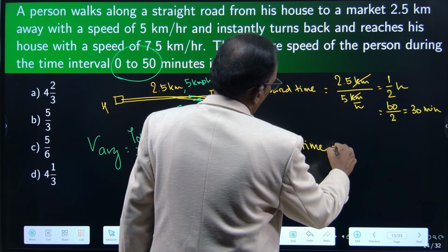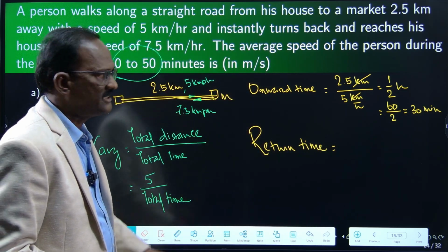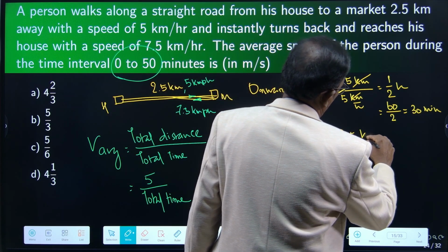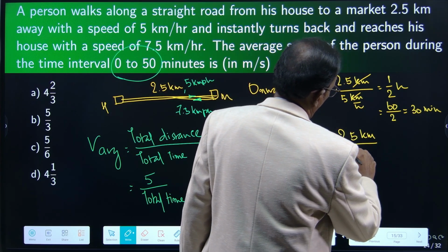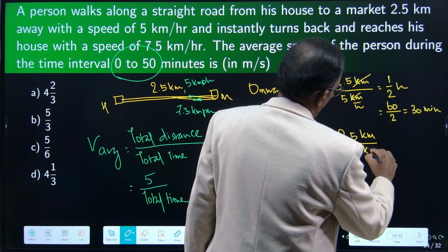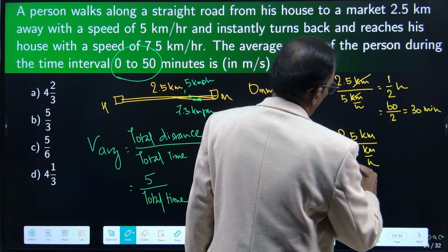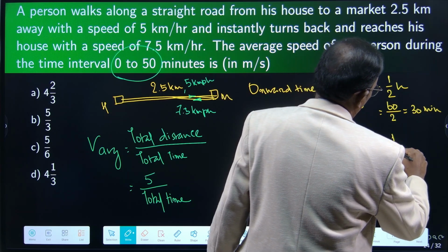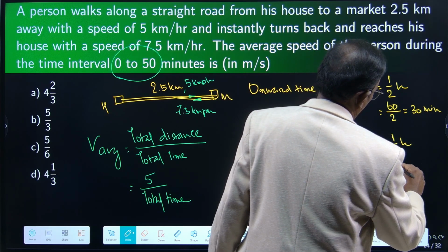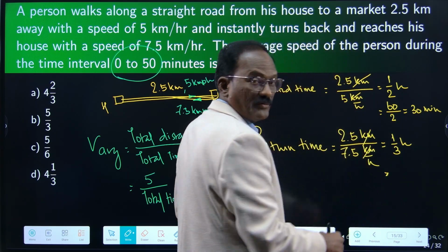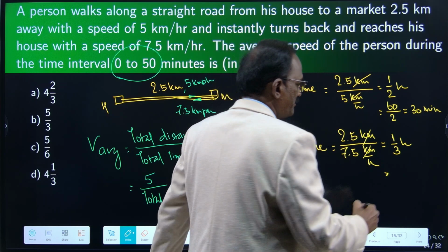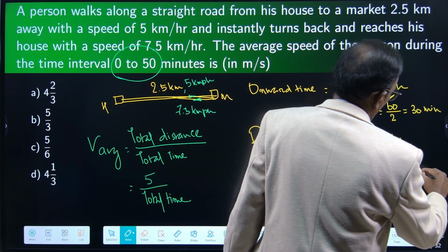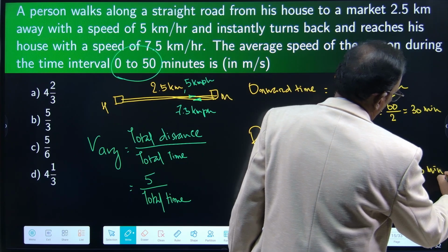Return time: same distance, distance will never change. 2.5 kilometer divided by 7.5 kilometer per hour is 1 by 3 hour, because kilometer will get cancelled and hour will go up. 1 by 3 hour is 60 by 3, which is equal to 20 minutes.